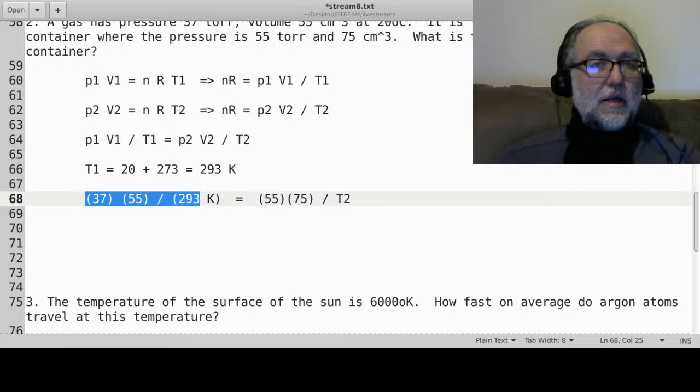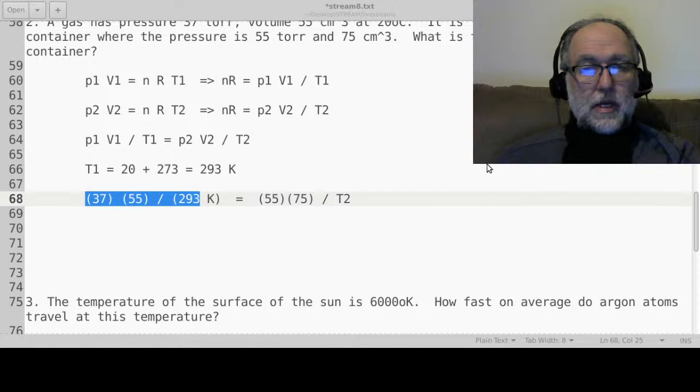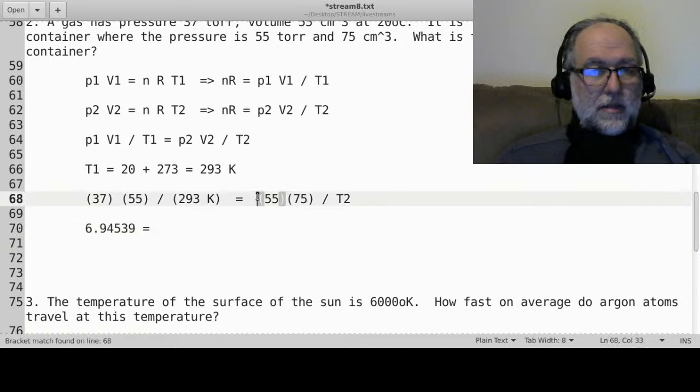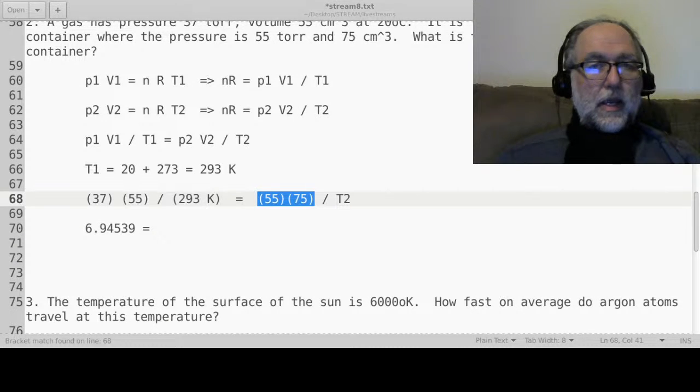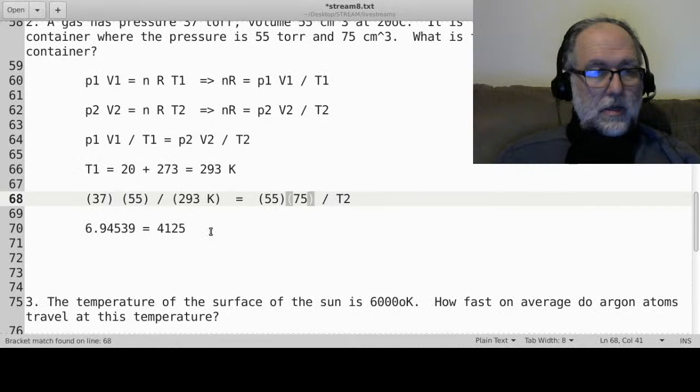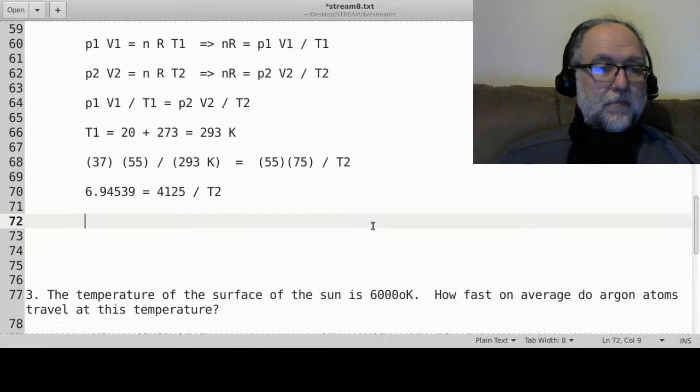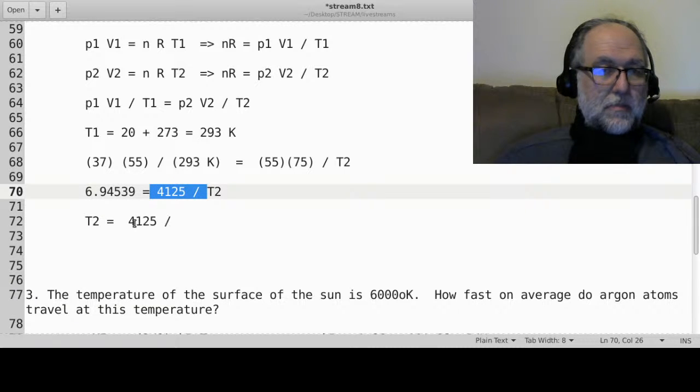So what's this going to work out to? Let me calculate this side. This side is equal to this number here. I'm just going to grab a few extra decimals, not that we need them. And this is going to equal this, divided by T2. Now what? Multiply both sides by T2, divide both sides by that 6.94539.